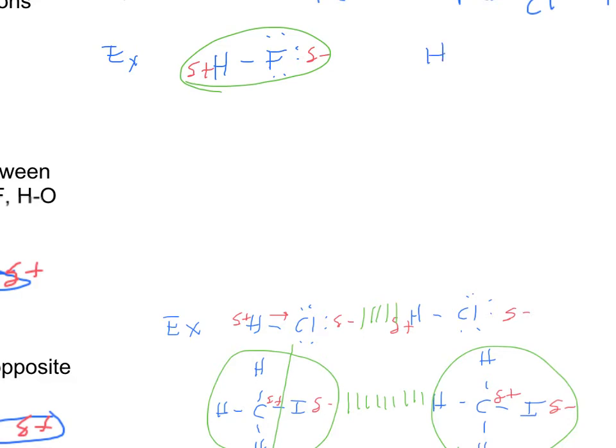If I have two HFs, the strong partially positive H on one molecule is attracted to the strong slightly negative F on the neighbor. This is known as a hydrogen bond.